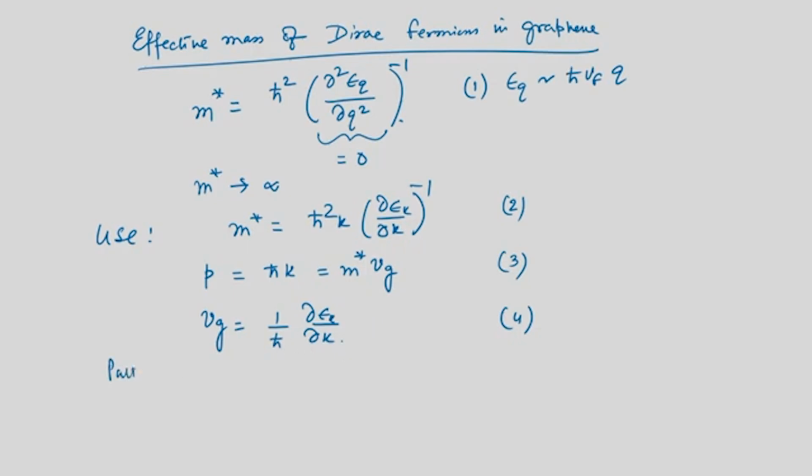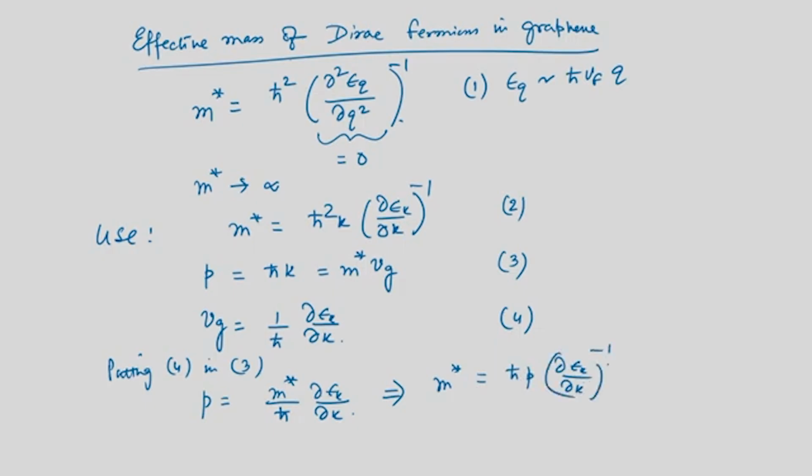So, if you put 4 in 3, your p becomes equal to m star by h cross del E del k, and that gives you m star equal to h cross p del E del k inverse, and if you put p equal to h cross k, this becomes h cross squared k del E del k inverse. Okay. So, this is the definition that we wish to use.